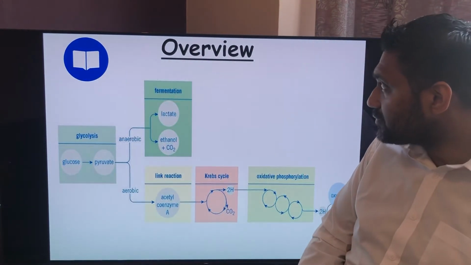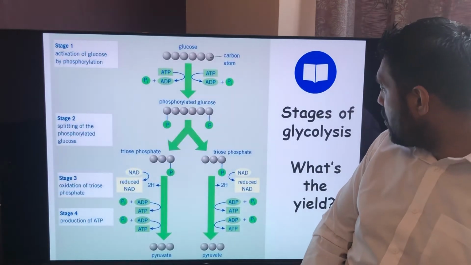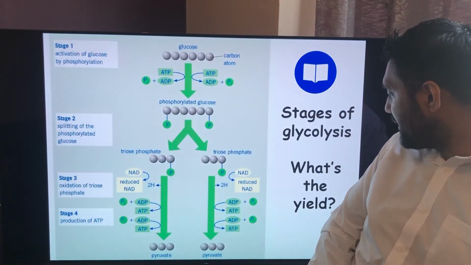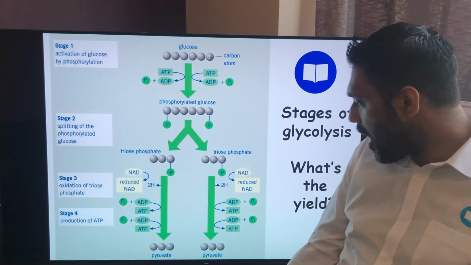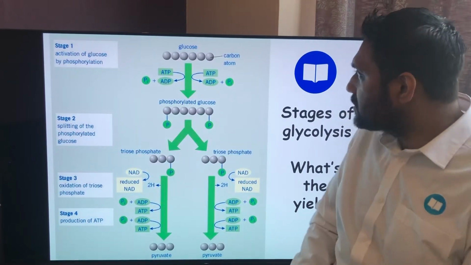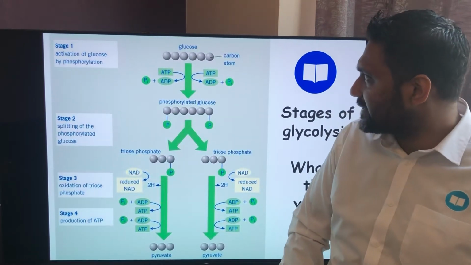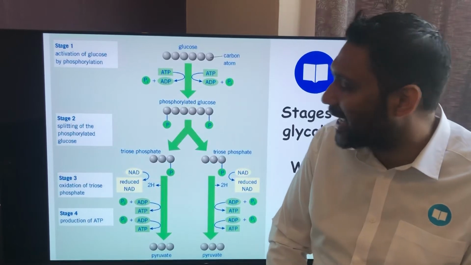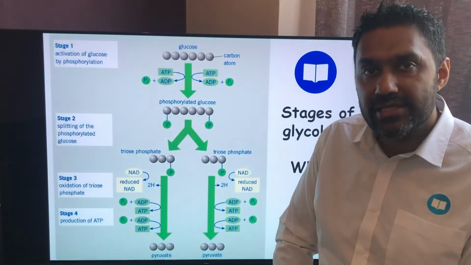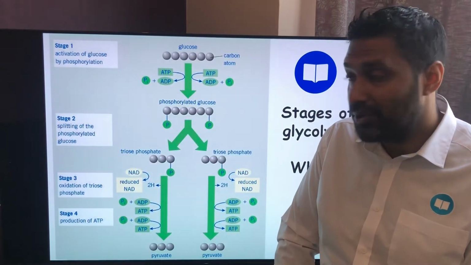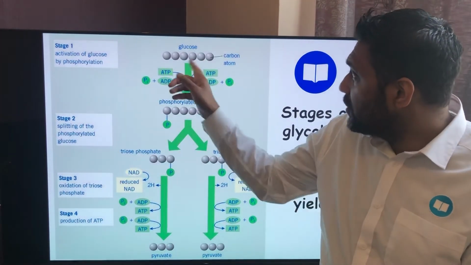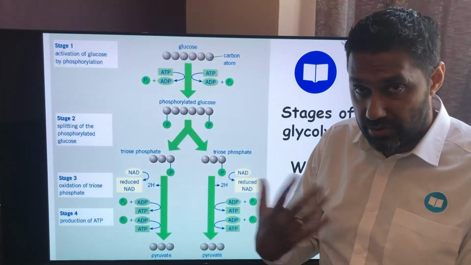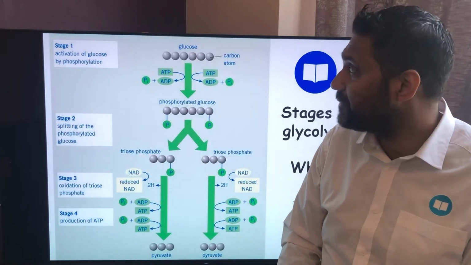So today then, the stages of glycolysis and what's the yield? What am I getting out of this? So glycolysis, the first stage, this is happening in the cytoplasm of the cell. The first stage is this. You've got your glucose molecule you got from your diet, something you've eaten.